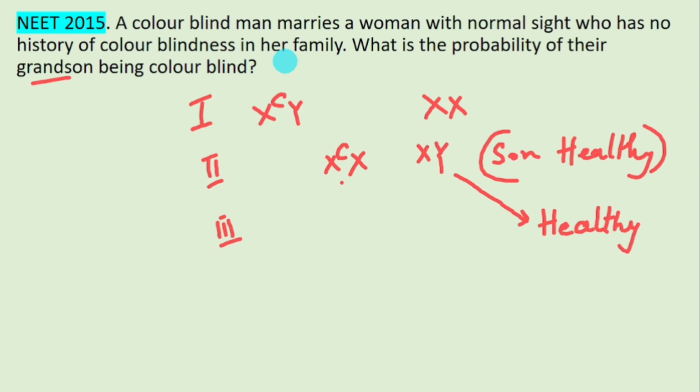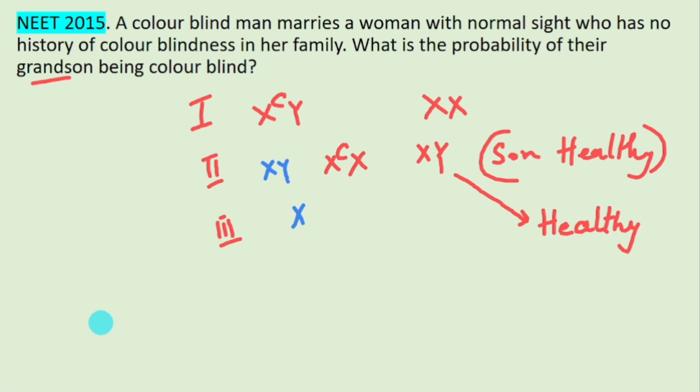Now, regarding this, if she marries another healthy, unaffected man, I will denote with a different color here, XY, then we have to work out about the grandson.